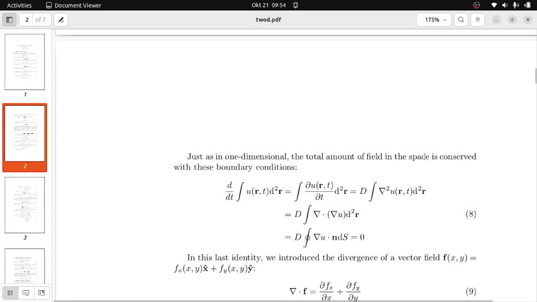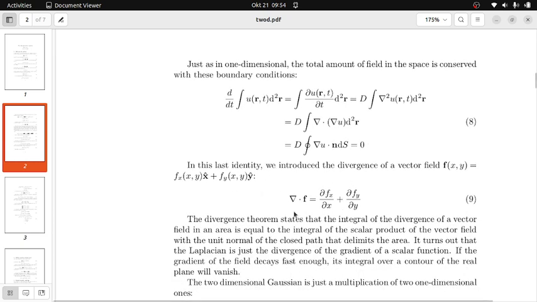I will not go into details on this; if you've never seen it, please go to any vector calculus course. Essentially, if the absolute value of the gradient falls fast enough as r goes to infinity, this becomes 0 and the total field is conserved.